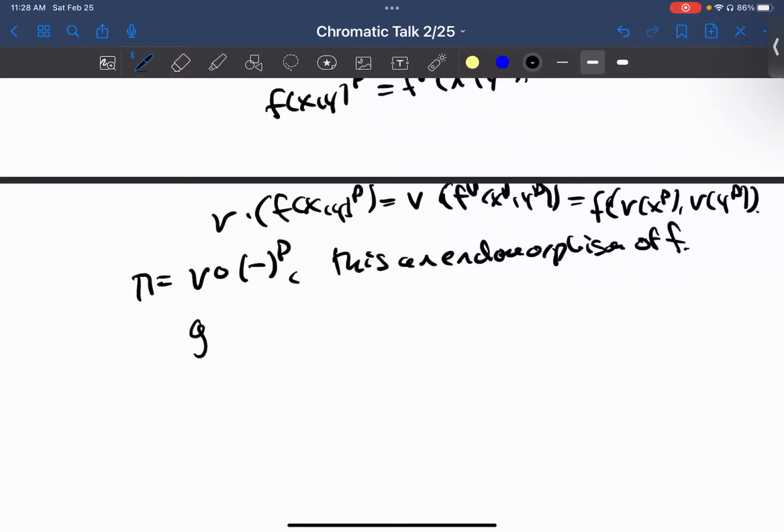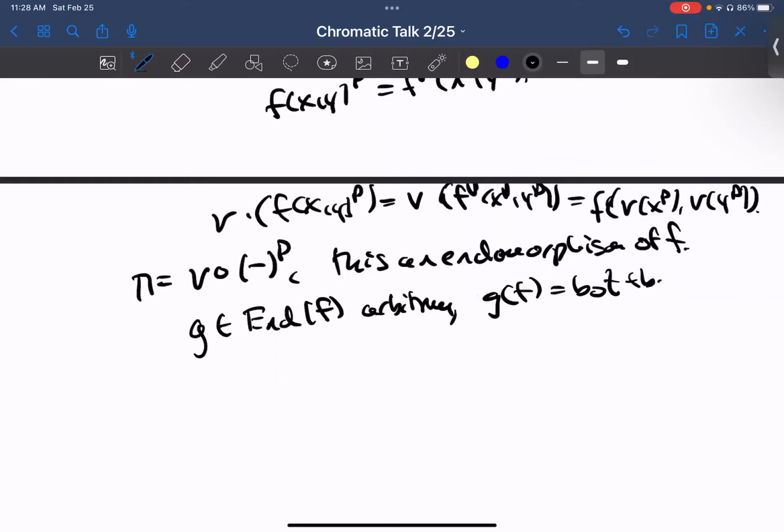So in particular, if we take G in the endomorphism ring of F arbitrary, then G is a power series. So it has the form b0 T plus b1 T squared plus and so on.